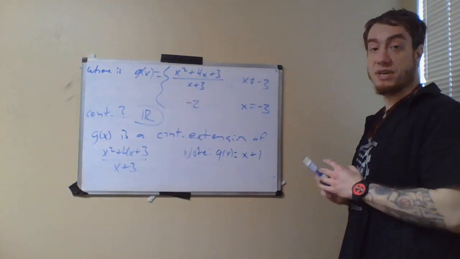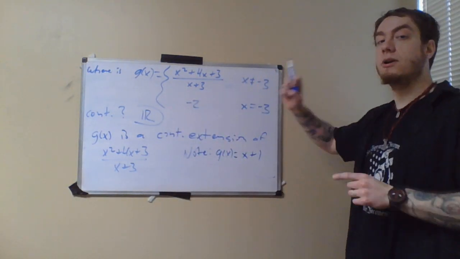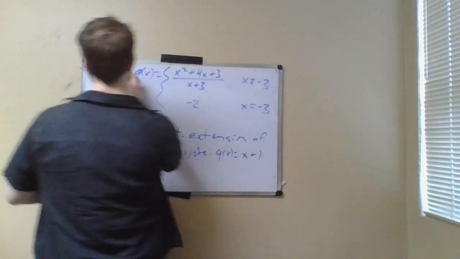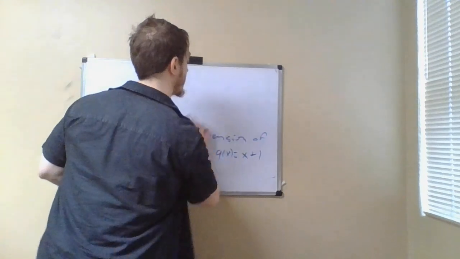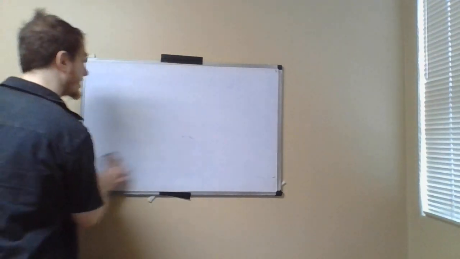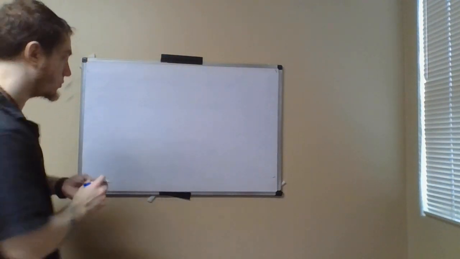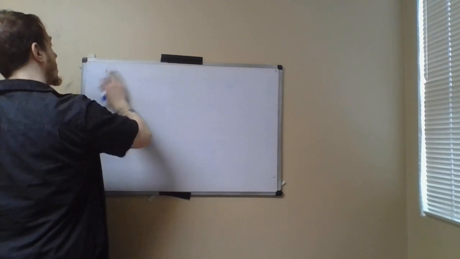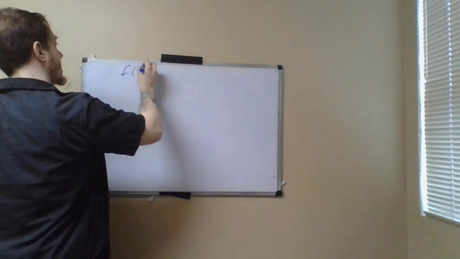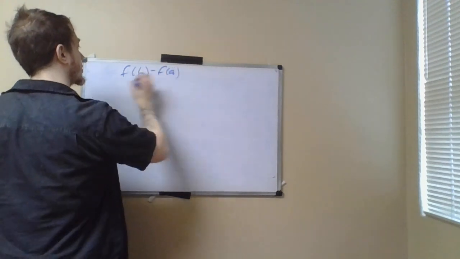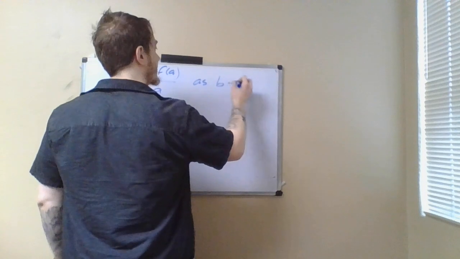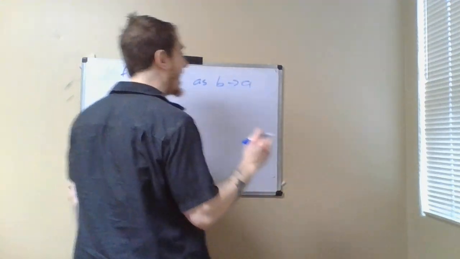Now, one of the things we're going to want to do, and this is very important, because one of the reasons we started thinking about limits was because we wanted to talk about this question. What happens to the average rate of change, f of b minus f of a over b minus a, as b gets closer and closer to a?